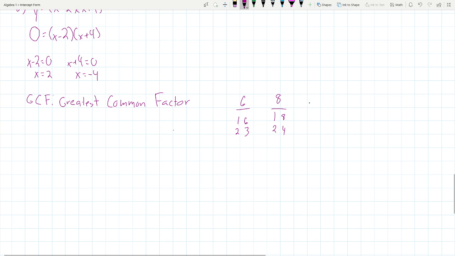I'm trying to think of one that has more. Let's see, 12: 1 and 12, 2 and 6, 3 and 4. And so if I was told to find the greatest common factor of these, I ask, what's the biggest number all of these have in common? They all have 2 in common, so the greatest common factor is 2. And we're going to exploit that idea in order to make it work. If you haven't seen this before, this is called a factor tree.